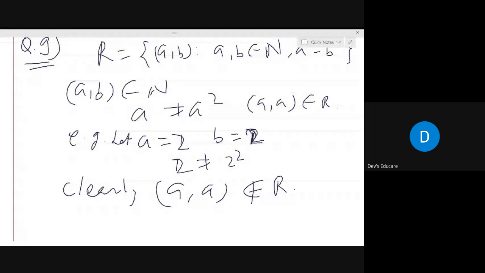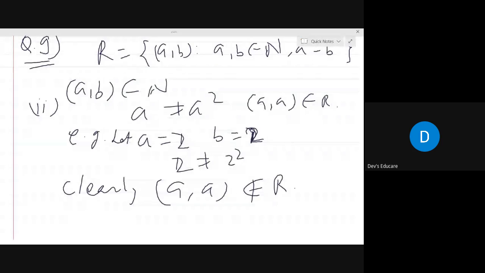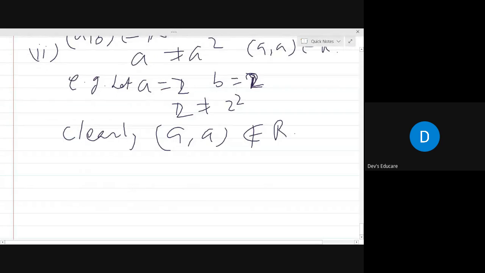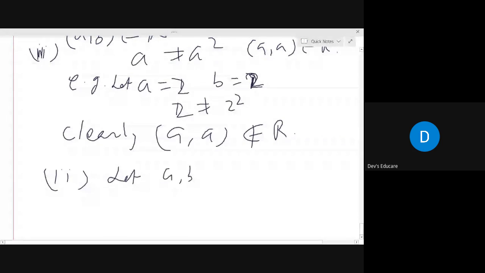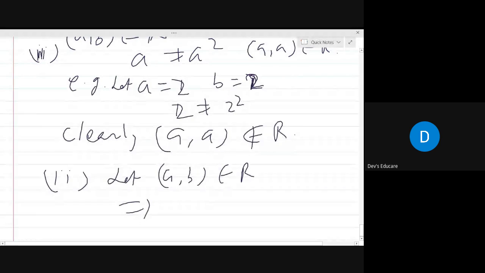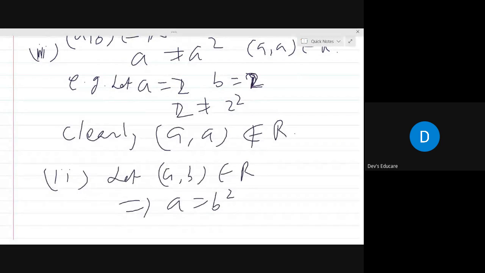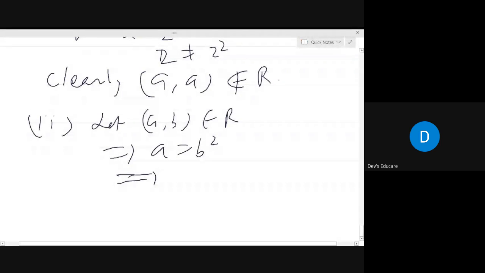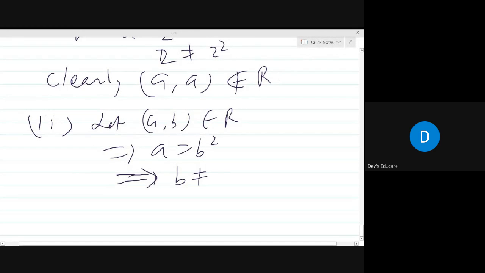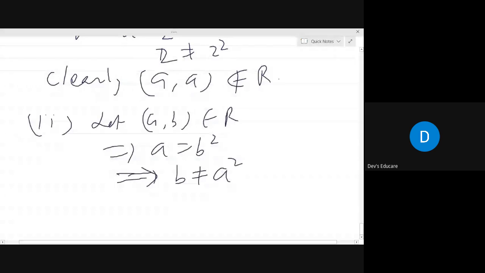Second part. Let (a, b) belong to R, which implies a equals b squared, and which means b cannot be a squared.